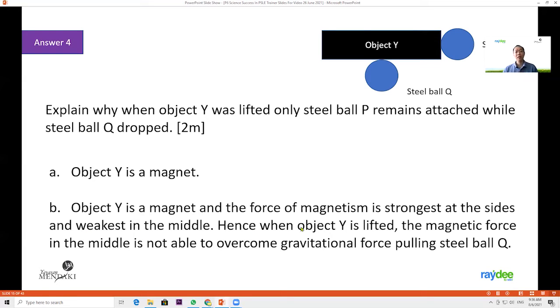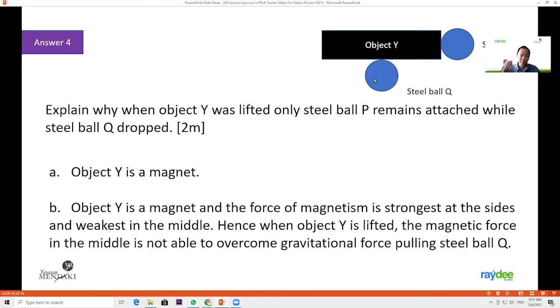Hence, when object Y is lifted, the whole bar is lifted, the magnetic force in the middle cannot overcome the gravitational force that's pulling steel ball Q. Okay, so over here is about interaction of forces. That means you have one force that is stronger than the other one. So because one force is stronger than the other one, there is an effect, right? So what is the effect? The effect is that the steel ball Q cannot be lifted up.